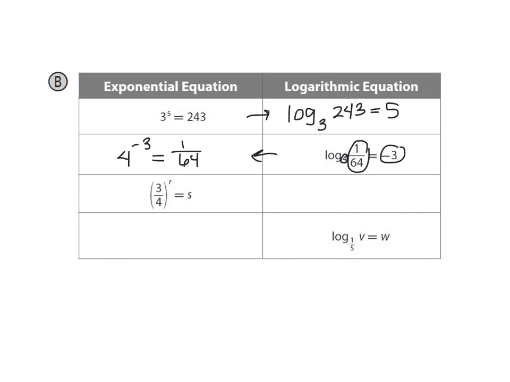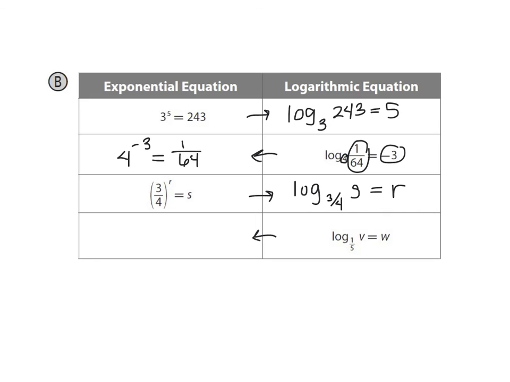That's almost the definition of an inverse, where we're swapping the x's and y's, but rather than x's and y's, here we're just using the words input and output. All right, let's try this next one. Changing this one to a log, we're going to have log base 3/4 of S equals R. Okay, you try the next one.